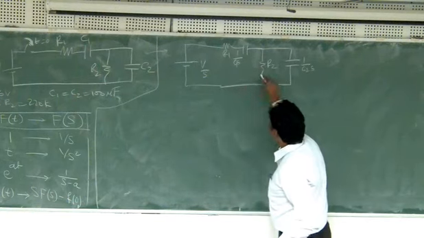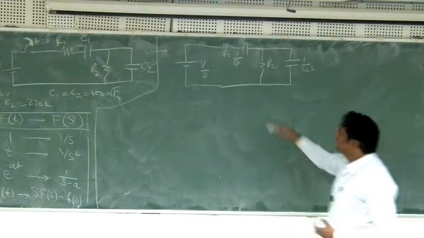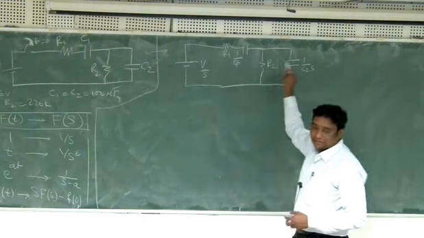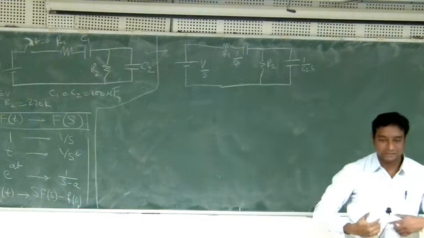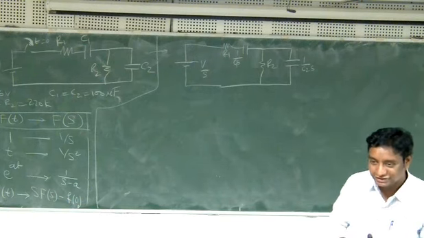Now you can define I1 current in this loop, I2 current in this loop, and you will get 2 equations, and you can solve them.